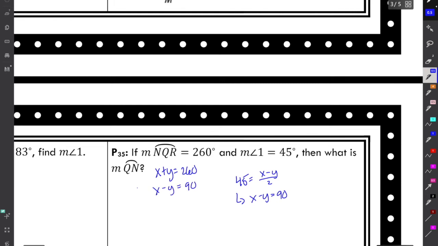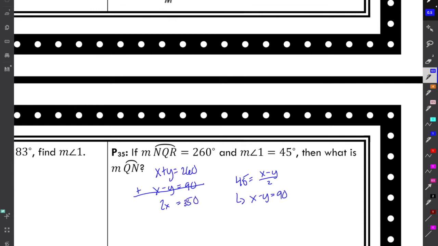We're going to solve these using what we call, remember, the elimination method, meaning I just add up the two equations. Let's just add them and see what we get. X plus X is 2X. Y plus negative Y, those cancel out to give me 0. So all I'm left with is 2X is equal to 350.